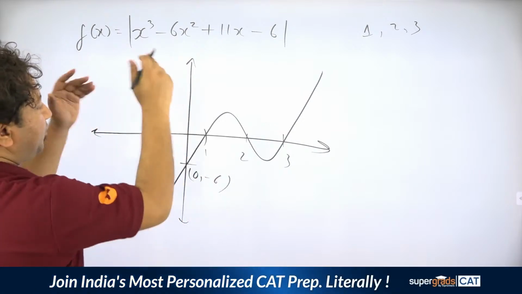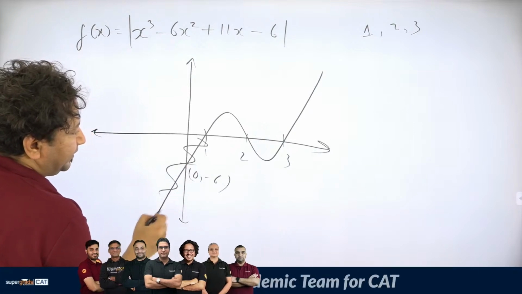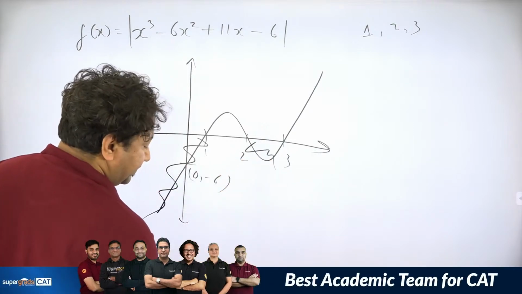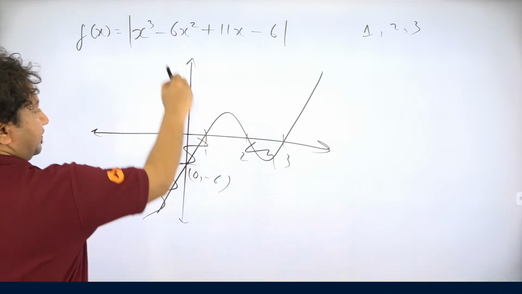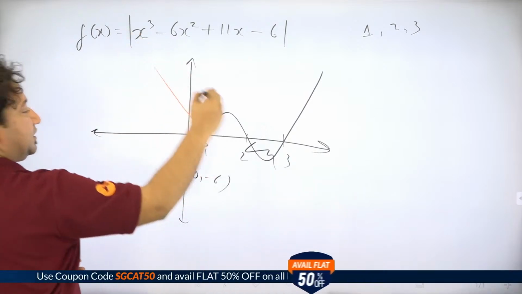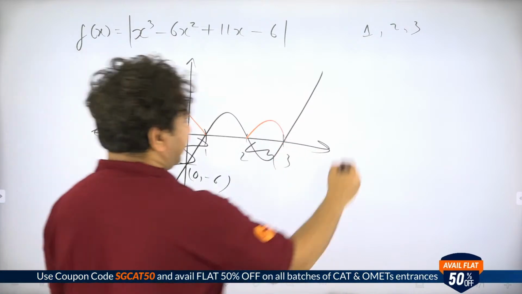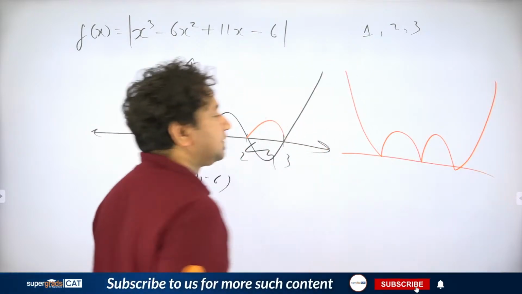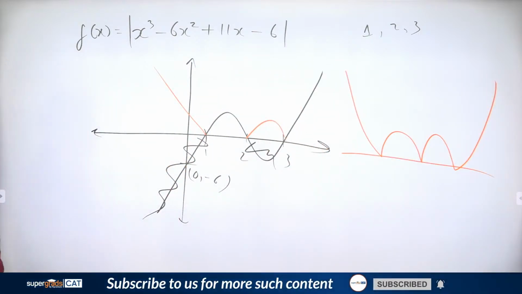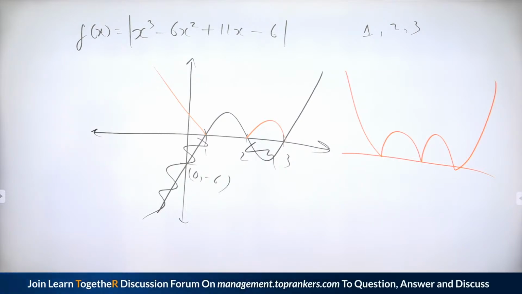Now, we put a mod. Automatically, all the negative parts will go away. This one goes away, and all the negatives become positive like this, and the positive remains positive. So the new graph looks like this. That's the beauty of modulus. Everything that is negative becomes positive automatically.